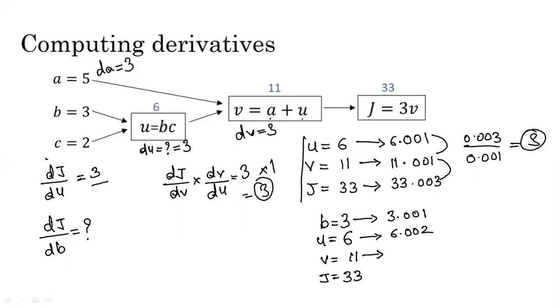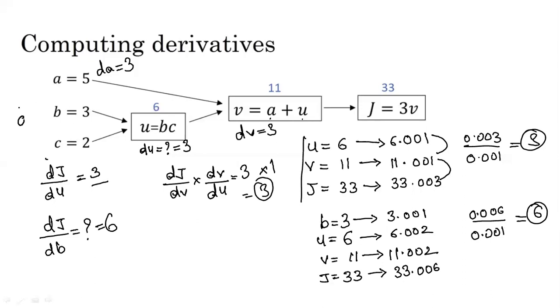And now v will become 6.002 plus 5, that is 11.002, and the final value of j will be 11.002 into 3, which equals 33.006. So what is the change in the value of j with respect to b? It is 0.006 upon 0.001. So the derivative came out to be 6. So its value is 6.